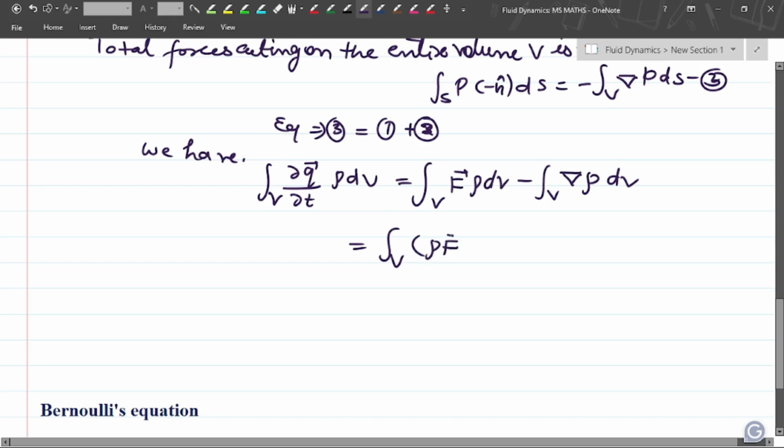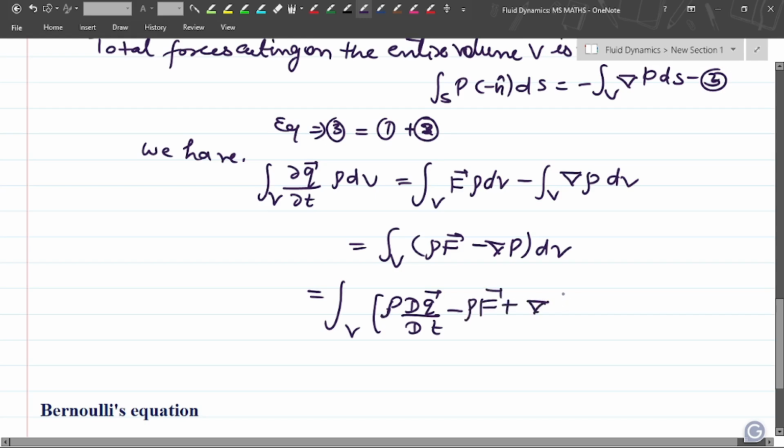Now in this way we can write the integration: rho dq vector by dt minus rho f vector plus del p into dV is equal to 0.